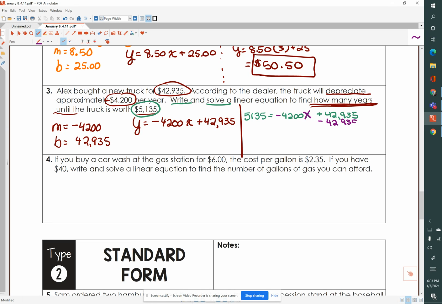So first thing I want to do is subtract 42,935 from each side of this equation. Whatever we do to one side, we do to the other. And that cancels that. And the left side of the equation, we have negative 37,800 equals negative 4,200x. Now we divide both sides of the equation by negative 4,200.